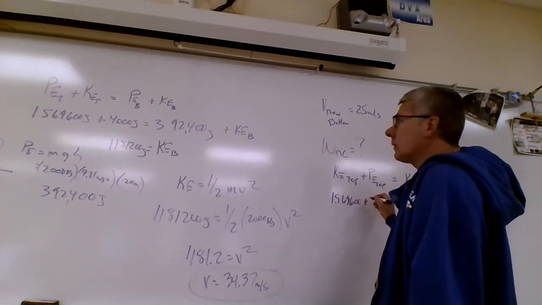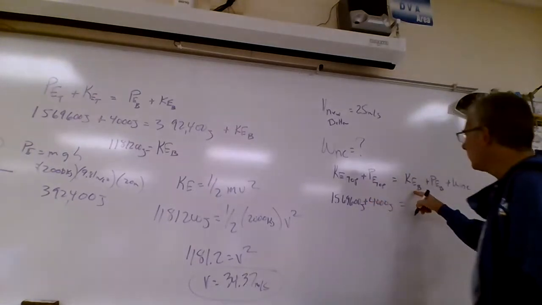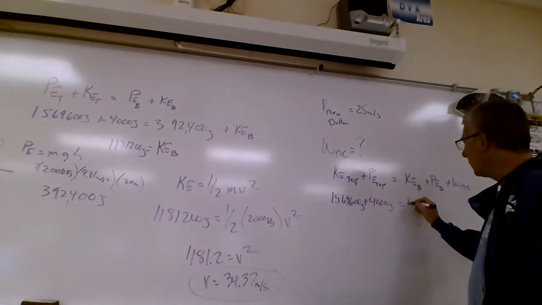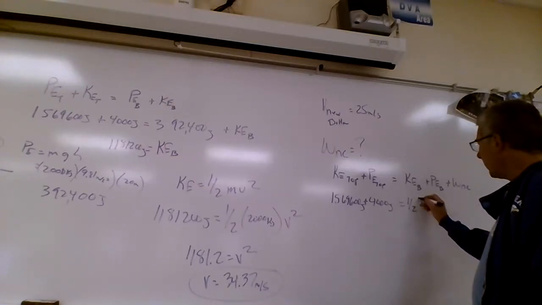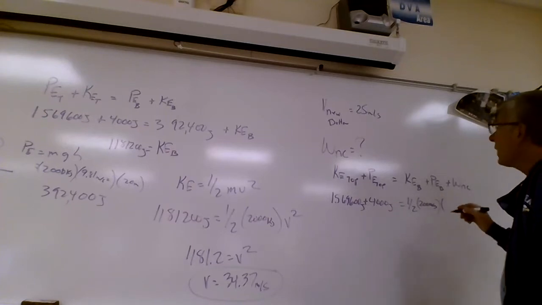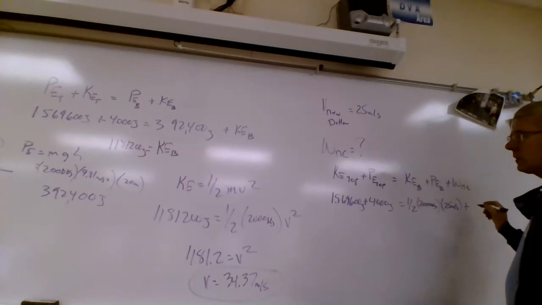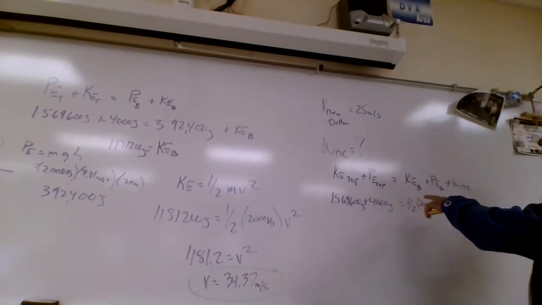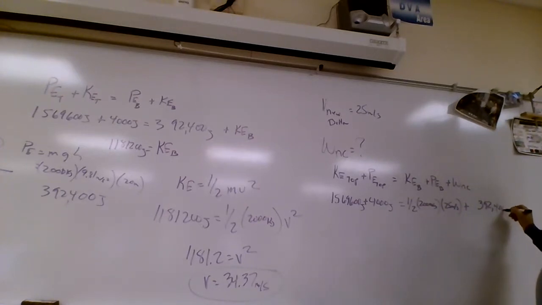1,569,600 plus 4,000 joules equals kinetic energy at the bottom. We would do 1/2 times 2,000 kilograms times 25 meters per second, squared, plus the potential energy, which we calculated as 392,400, plus non-conservative work.